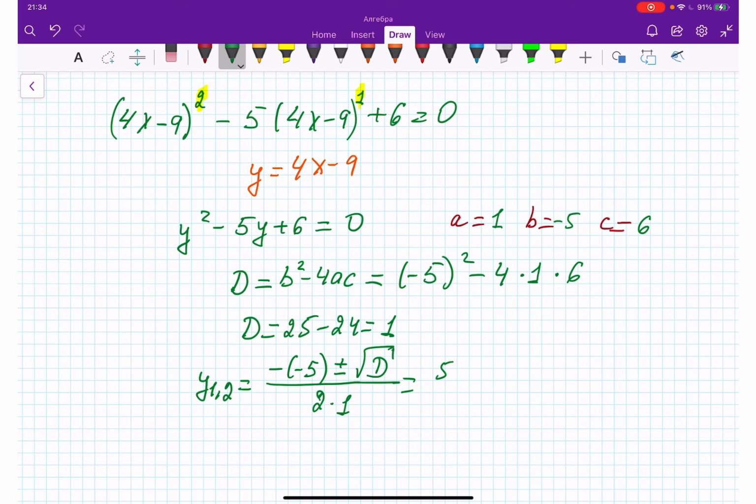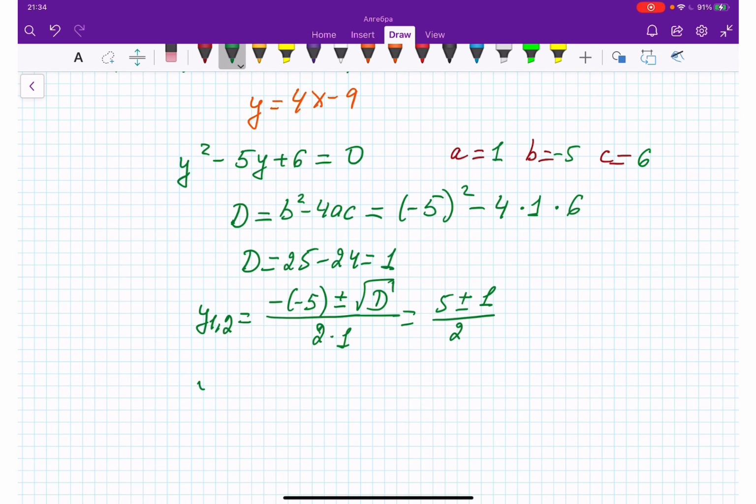And we get 5 plus minus 1 over 2. All right, y1 is equal to 5 plus 1 over 2, y2 is equal to 5 minus 1 over 2. Here we get 3, here we get 2.